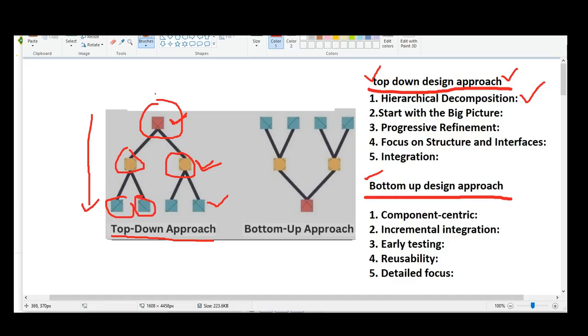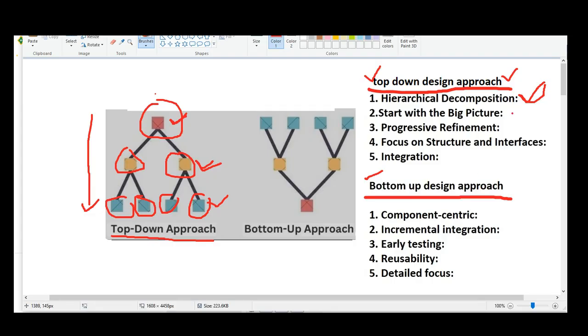These subparts are also called modules, and these modules are linked together, so that is called hierarchical decomposition. So hierarchical structure, hierarchical implementation. The top-down design approach supports the hierarchical decomposition of a problem. The problem is decomposed into subparts called modules.